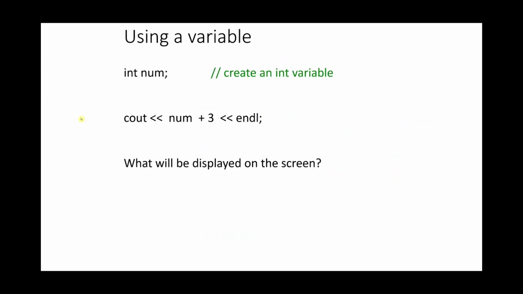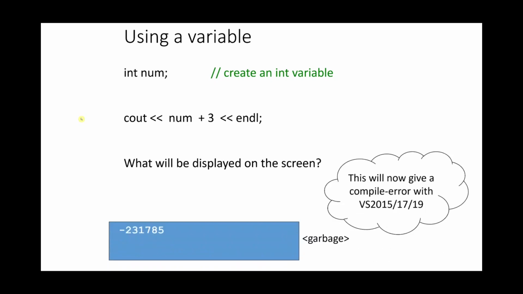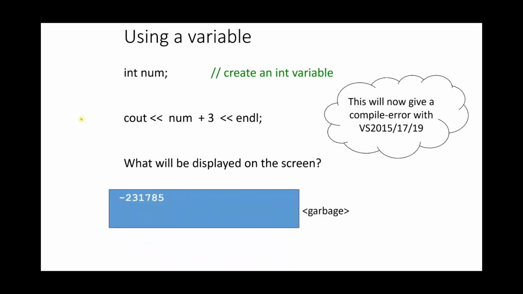So if I'm doing that, that displays the 8. Oh no, this is not displaying the 8 because num is not initialized. It's displaying a garbage value. And remember, this is if you're using old compilers. The new compilers are showing a compilation error. Why a compilation error?